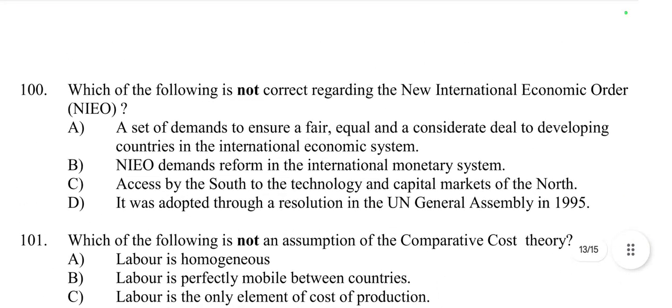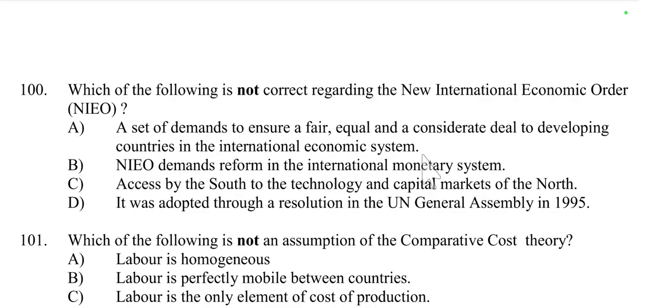Then question number 100. Which of the following is not correct regarding the New International Economic Order, NIEO? Which is not correct? First one is a set of demands to ensure a fair, equal and considerate deal to developing countries in the international economic system.